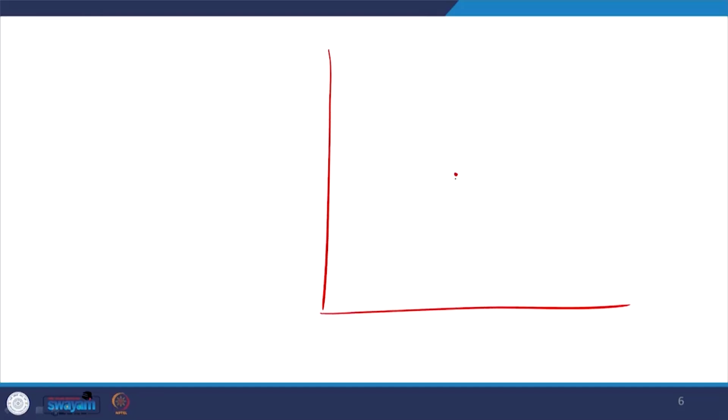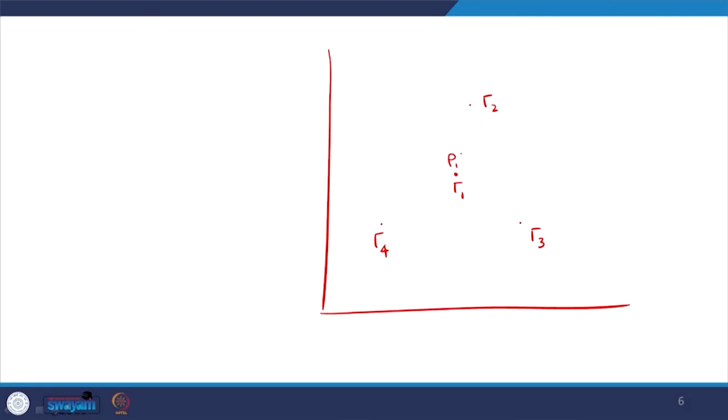Let us say I am looking at this gamma 1 here, and let us say there are these 3 other states, gamma 2, gamma 3 and gamma 4, and the probability densities for these are rho 1, rho 2, rho 3 and rho 4. So, we are trying to say that rho n is the sum over m of rho m pi m n.